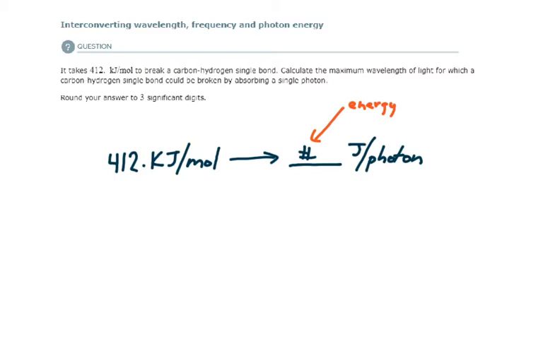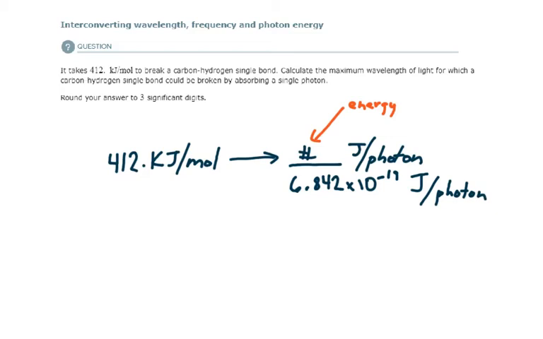Now the number that Dr. Dale obtained was 6.842 times 10 to the minus 19, and the units for that would be the number of joules of energy that each photon has. So you could leave it at joules if you know you're talking about per photon, or you could just write joules per photon, which is what the units are that you're left with.